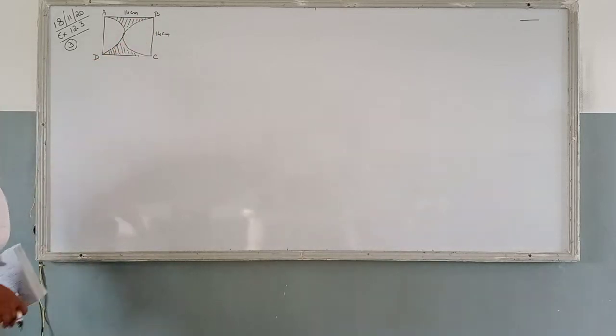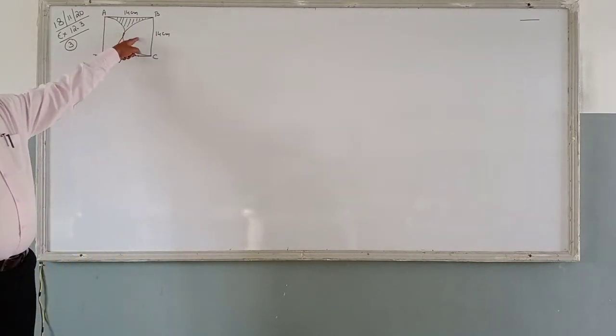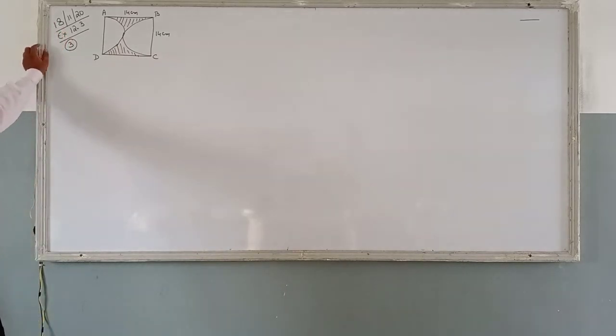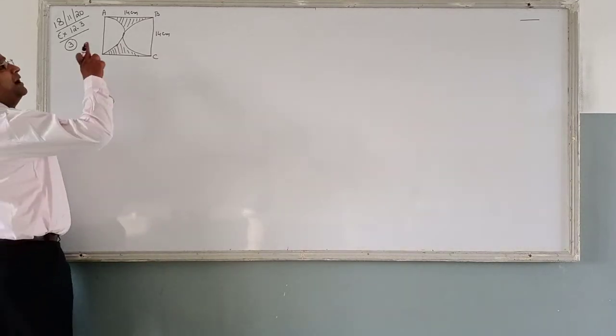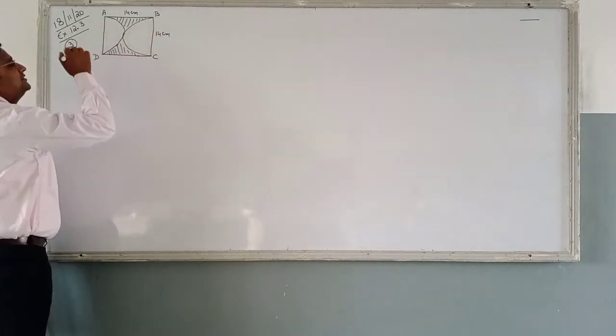Yes, so we can see from the square we need to subtract the area of two semicircles, then we are going to get the shaded region. We know the formula for the square, we know the formula for the area of semicircles. The only problem, the radius of the semicircle is not known to us, right? But we can see that this side of the square is also the diameter of these semicircles.